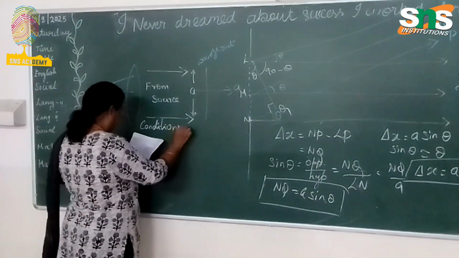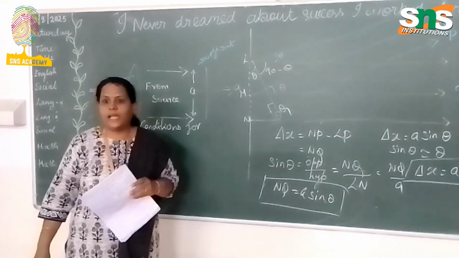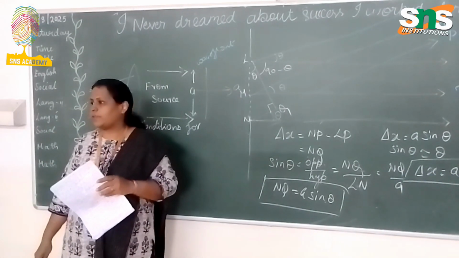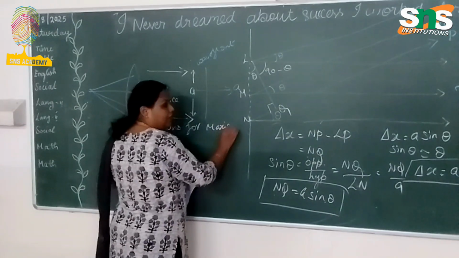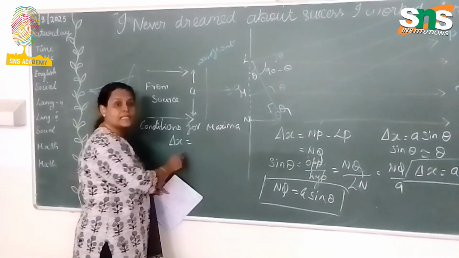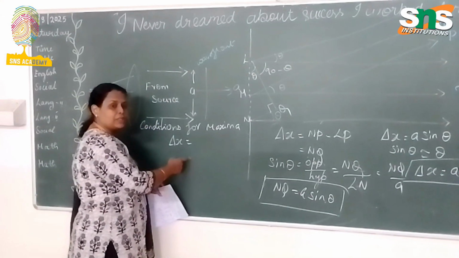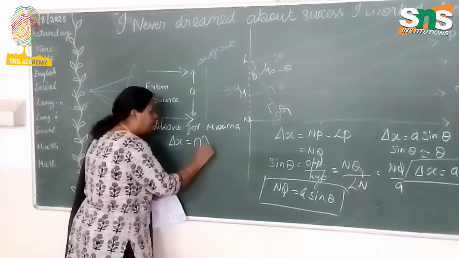Maxima is your bright fringe, constructive interference. Minima is your dark fringe, destructive interference. So condition for maxima. Yesterday we discussed that in constructive interference del x is equal to n lambda.